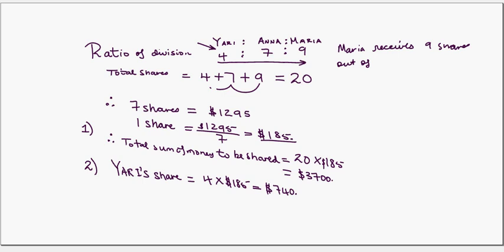So she receives 9 out of 20 shares. That is 9 over 20, or 9/20ths. Right? She received 9/20ths.